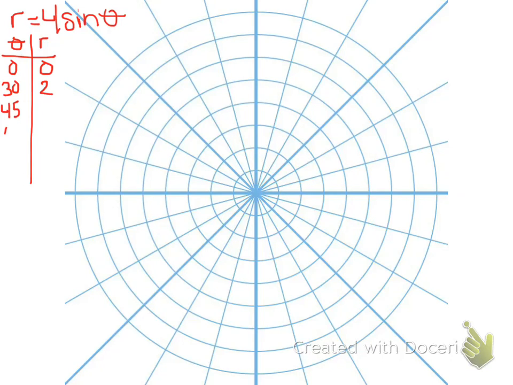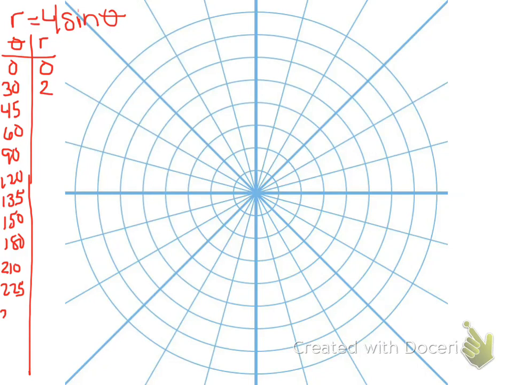We are going to go all the way around. You're going to fill out 45, 60, 90, 120, 135, 150, 180, 210, 225, 240, 270.